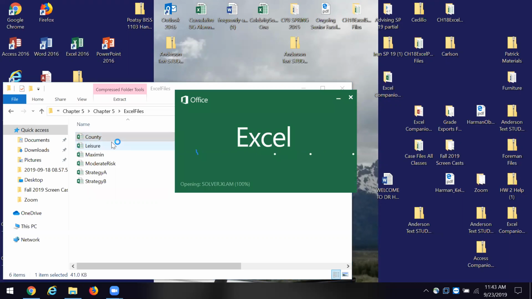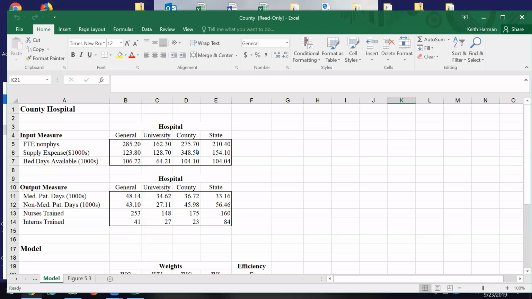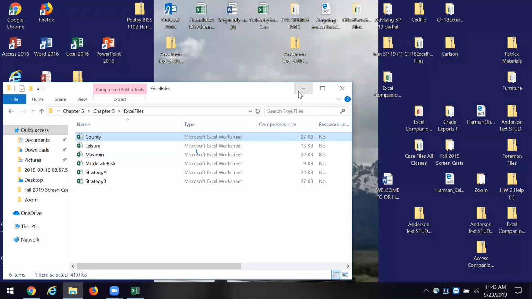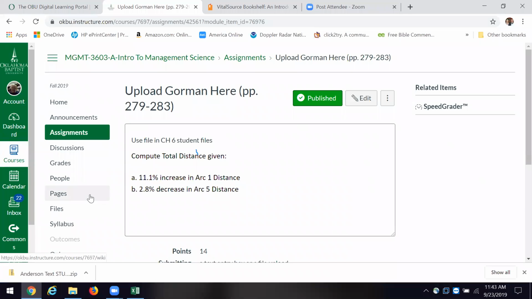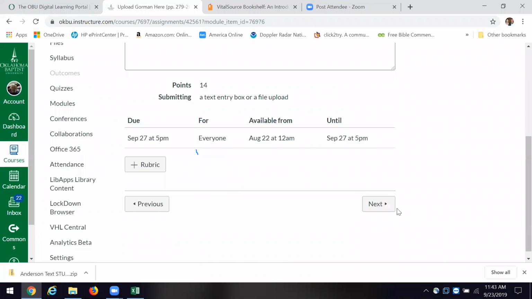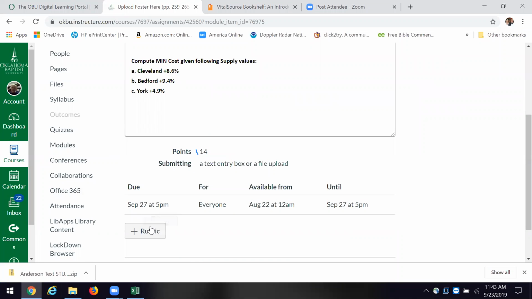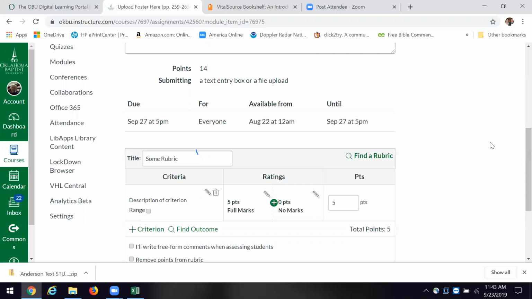The authors do a tremendous job in explaining what data envelopment analysis is all about. If there's anything you really pay attention to in this class, I urge you, it would be this case.